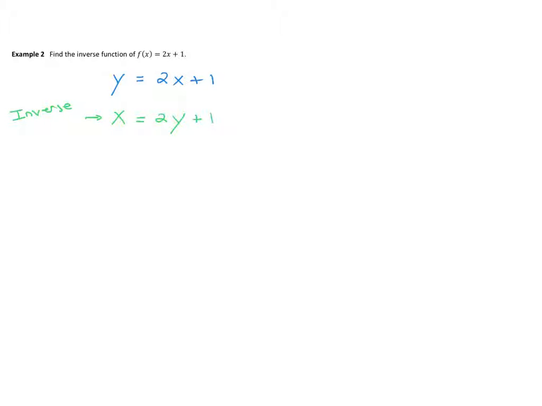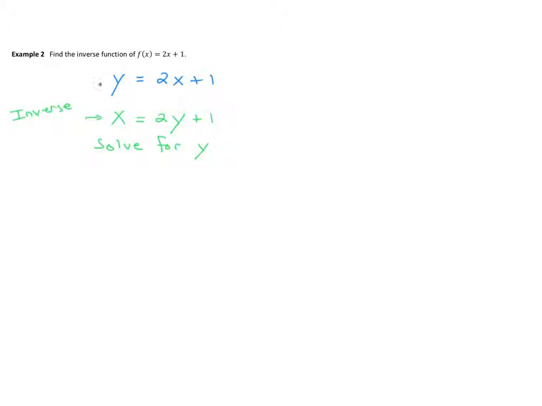It's very abstract looking, but I interchanged all the x's with the y's and vice versa, and I have this brand new equation. It's just not written in a very convenient way. What I'd like to do is solve this for y, and what we end up with is the equation of my inverse formula.